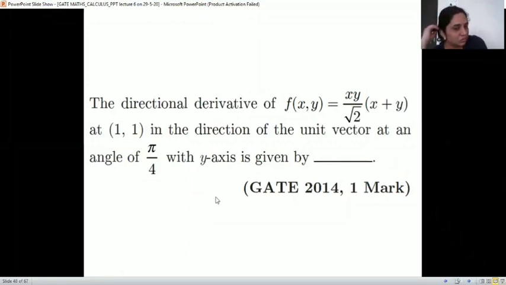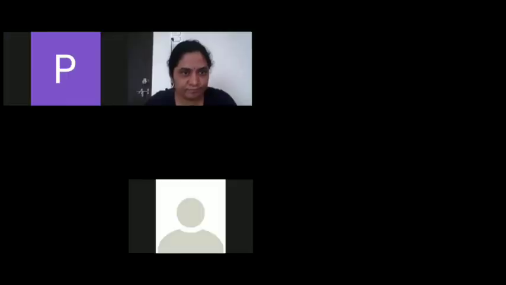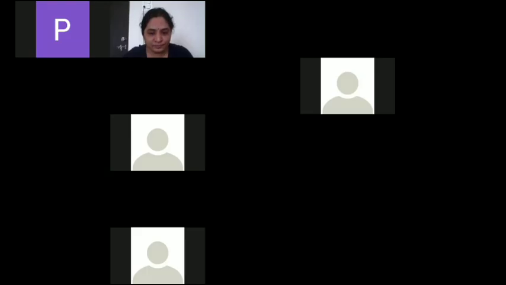No. What I am saying is, it is making an angle with the y-axis.